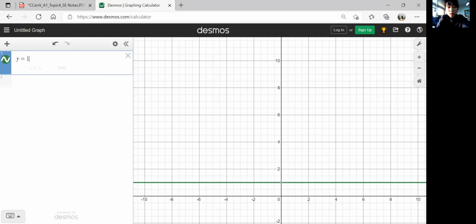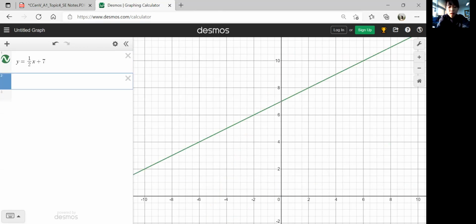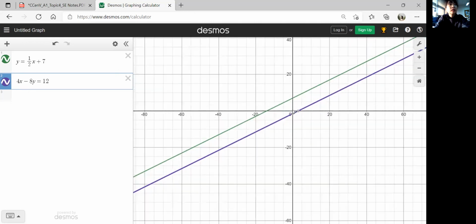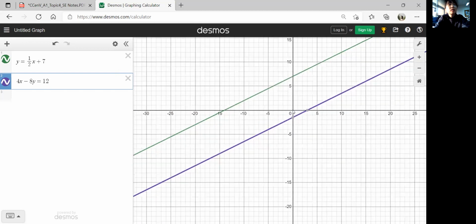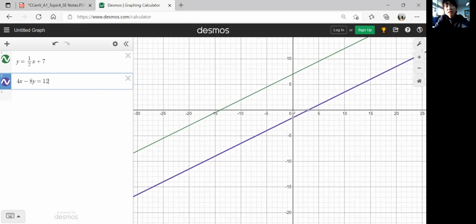Y equals 1/2 x plus 7 and 4x minus 8y equals 12. Okay, there are two parallel lines. They will never intersect. But sometimes when you look at the graph, you're not sure if it's perfectly parallel or very slightly not parallel, right?